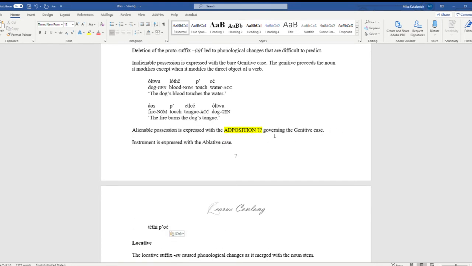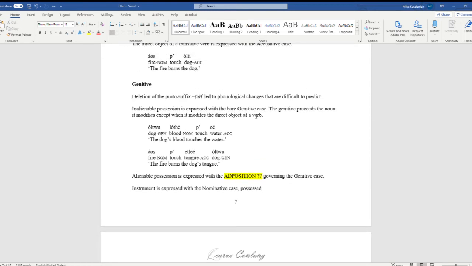So the instrument is expressed with the nominative case possessed. Oh, but do I want alienable, inalienable? Nah, yeah, here's the question. I think inalienable.